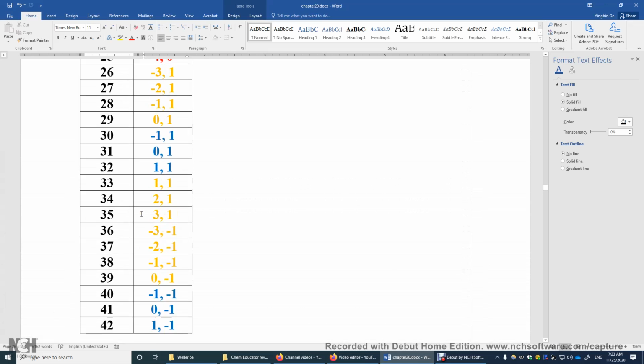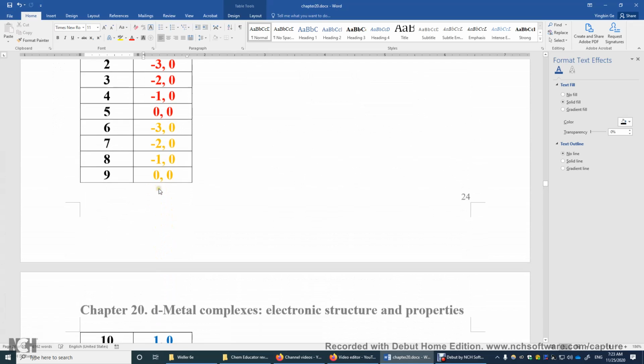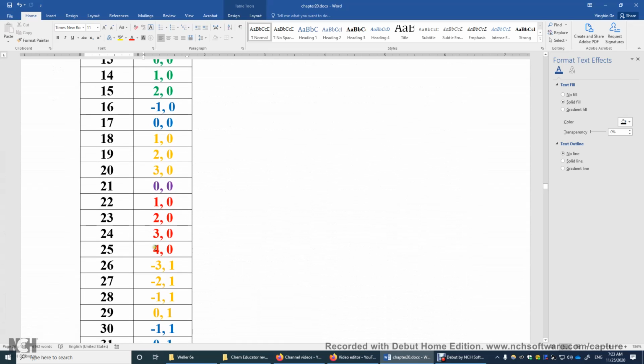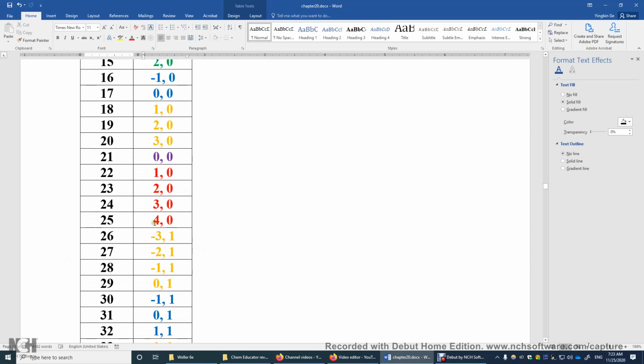We look at this table. We find the largest m sub l is, well, I don't know, over here, maybe 4. Okay? 4. And then you look for all the rows that contain M sub L being 4. Actually, there's only one row, so I'm not going to show you the entire table anymore. And then look at its M sub S. It's 0.